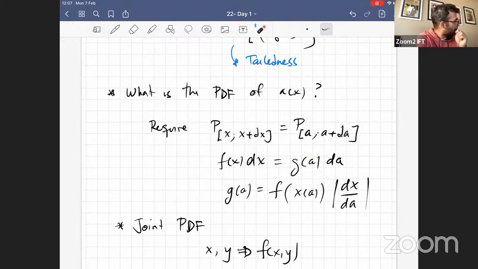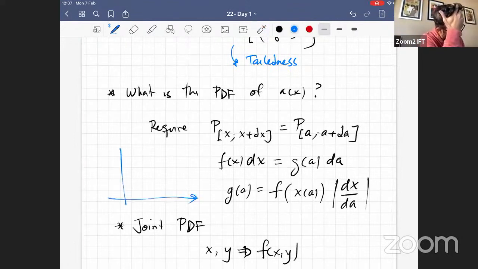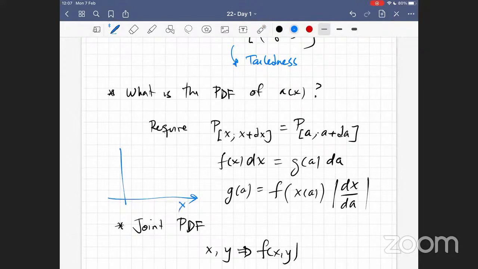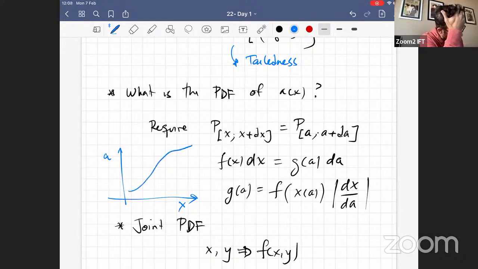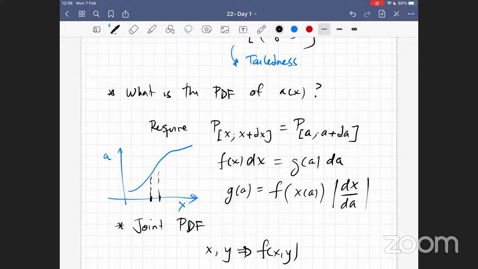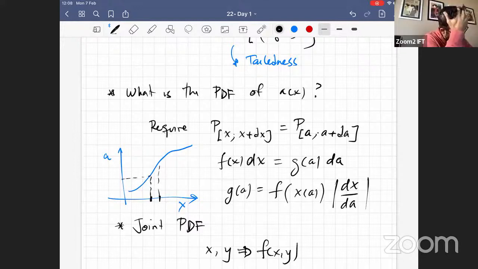There is a drawing at some point that you made. So imagine that this is A of X, and if you were talking about this interval, this is corresponding to this interval here.